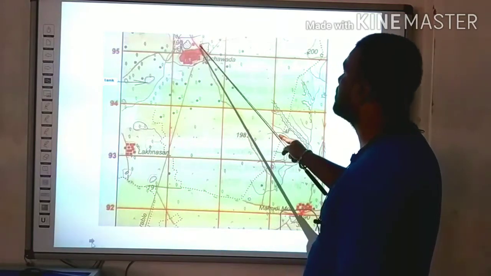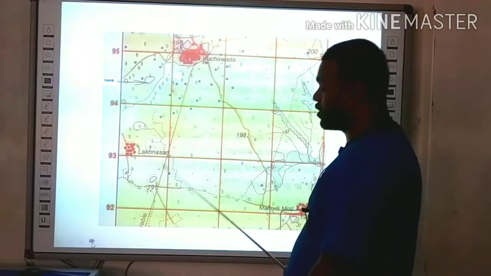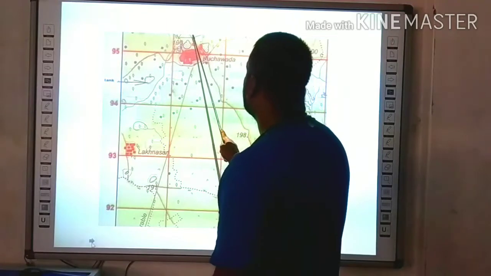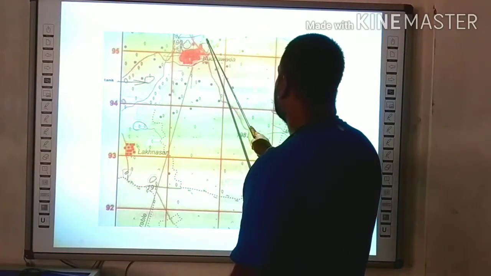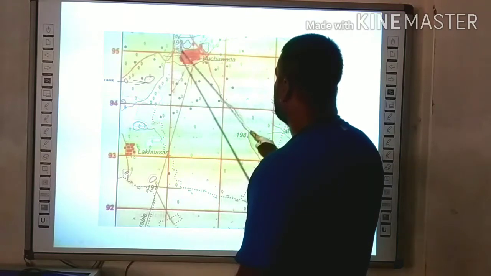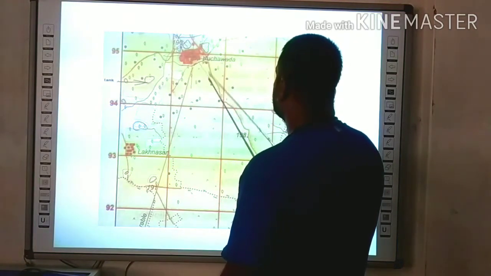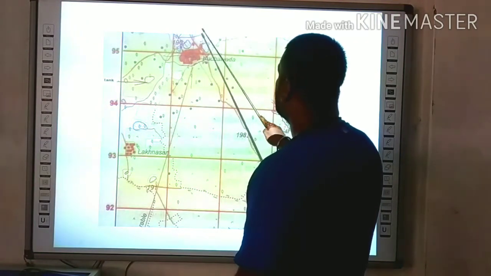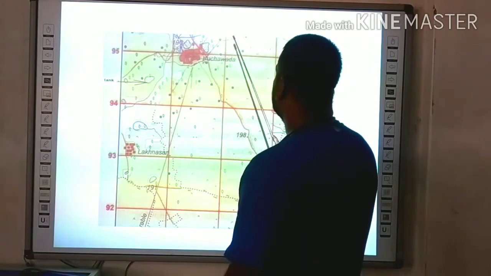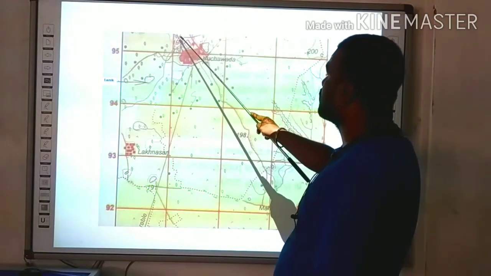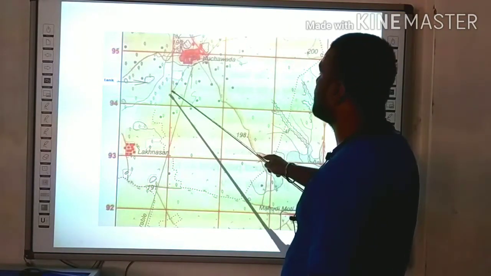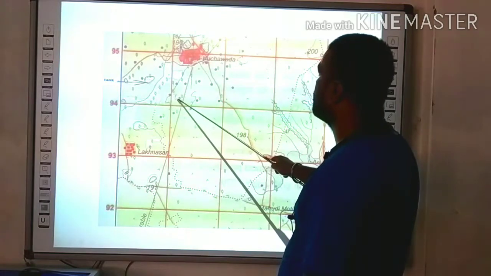You have to find the direction of Lakhansar from Uchawara. In Uchawara, you draw the direction lines: north, south, east, west. You draw the directions. After drawing, name them like this: north, west, east, south, northeast, northwest, southeast, and this is southwest.